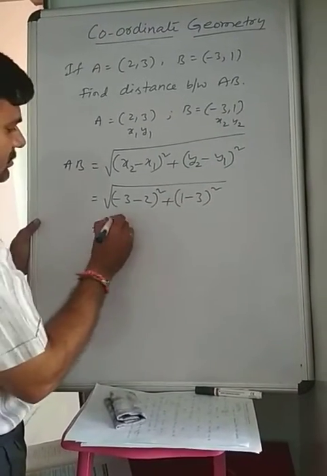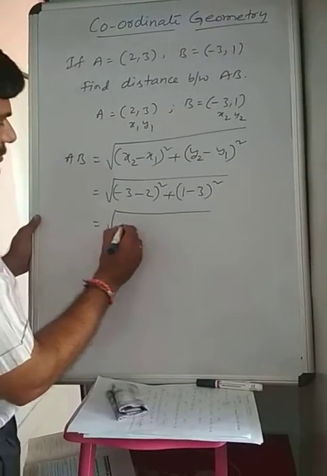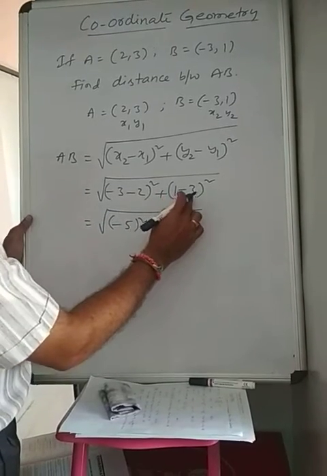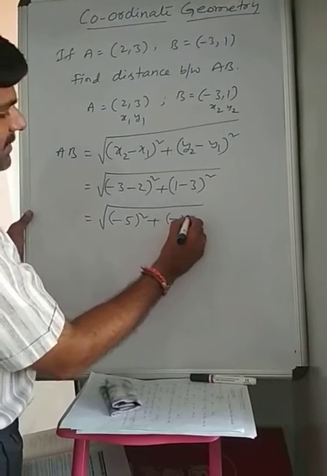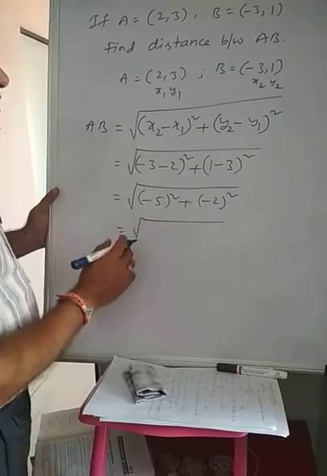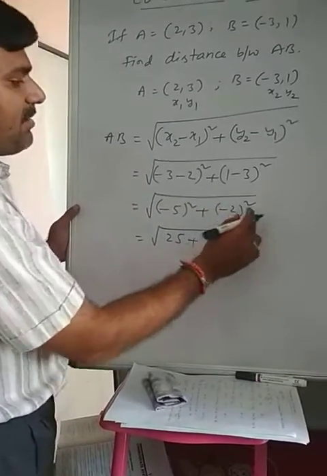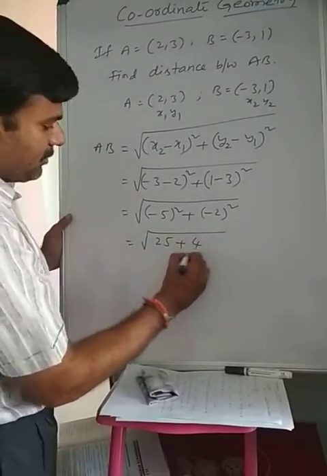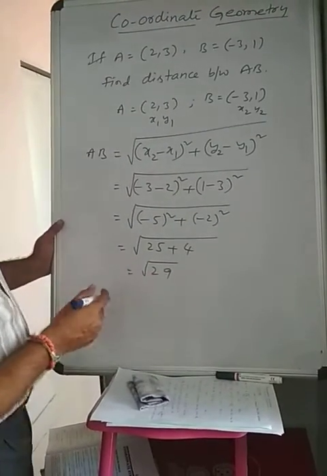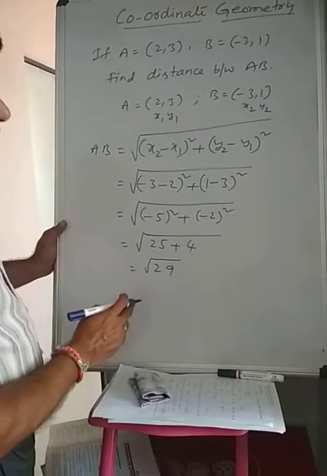This equals the square root of (minus 3 minus 2 is minus 5) whole square plus (1 minus 3 is minus 2) whole square. That is the square root of 25 plus 4, which is root 29. Therefore the distance between A and B is root 29 units.